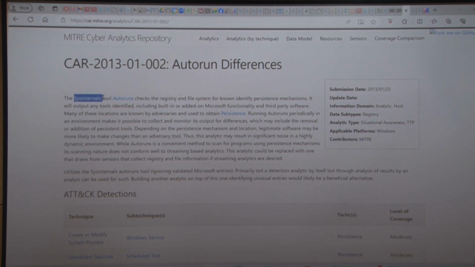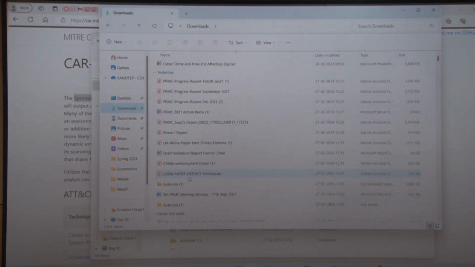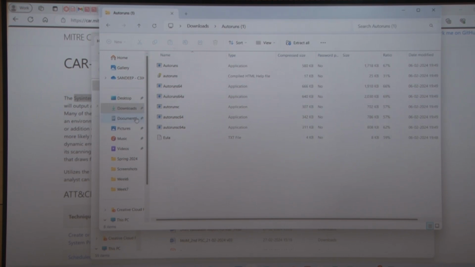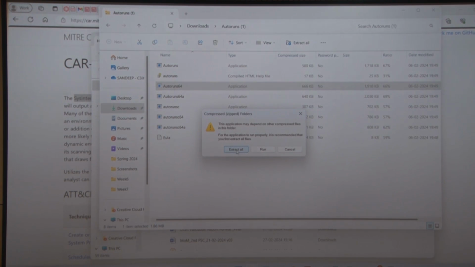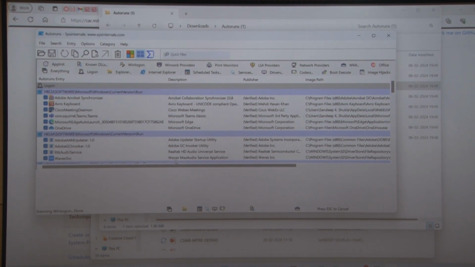So Microsoft Sysinternals gives you a lot of tools. Autoruns is one of those tools. So if you actually look at Autoruns, here for example, it will tell you what the different tasks and processes are that are running, right?